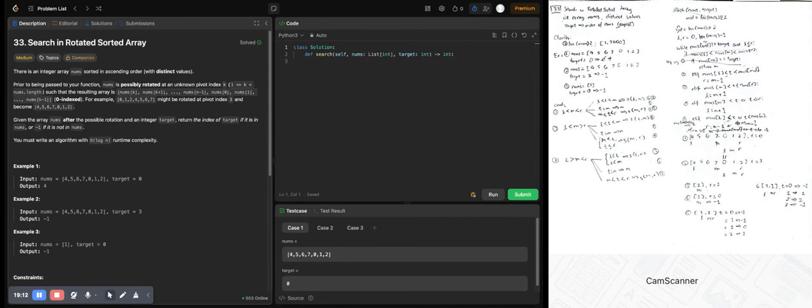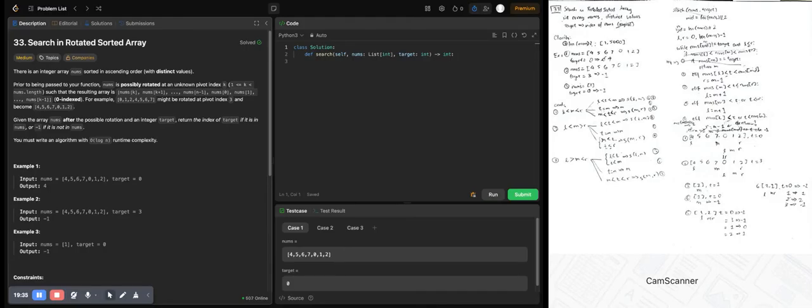Then I'm going to create mid equals length of nums divided by 2.